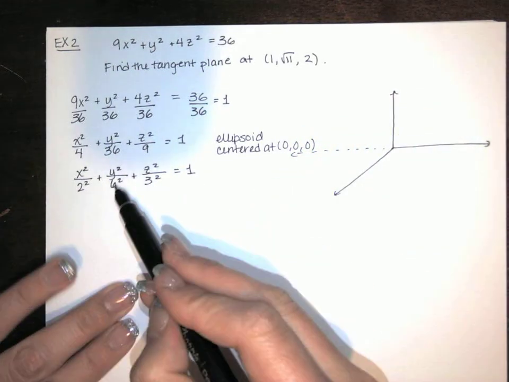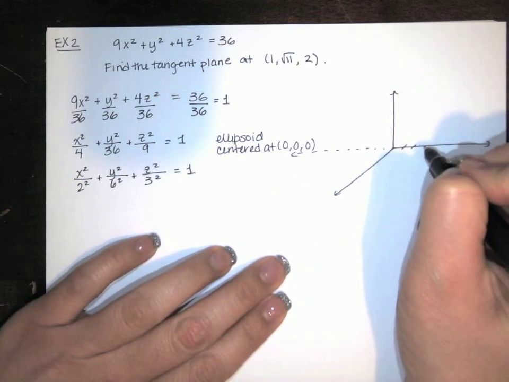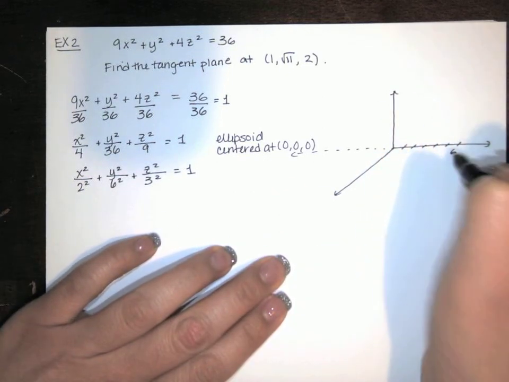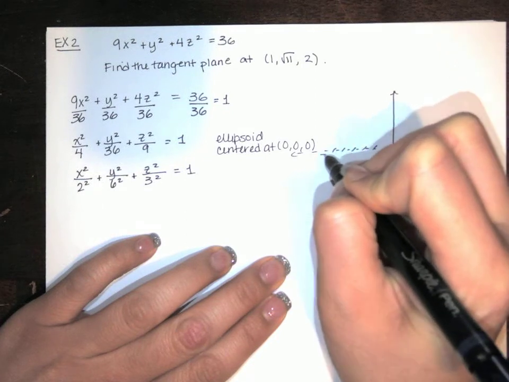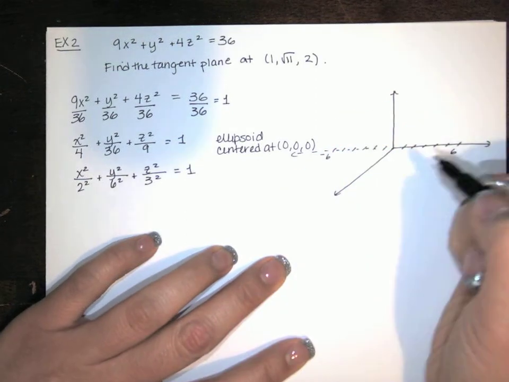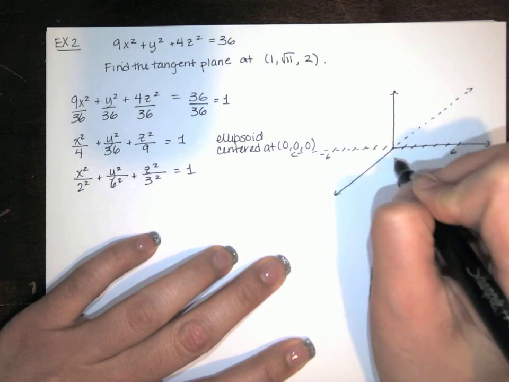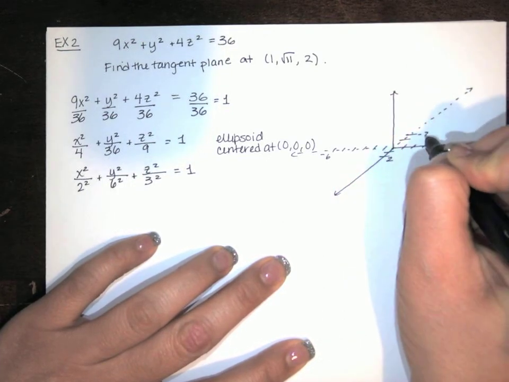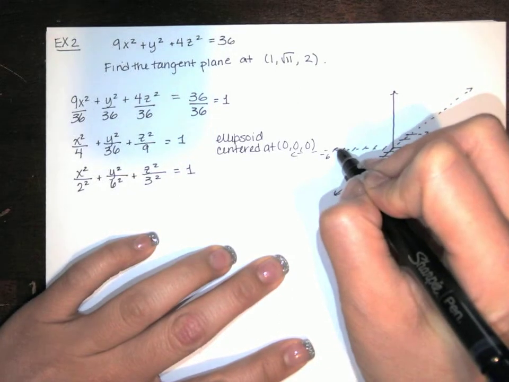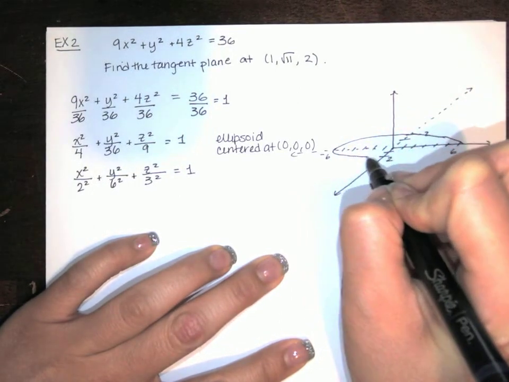Okay, well, it looks like we go plus and minus 6 units in the y direction, and we go plus and minus 2 units in the x direction. So when z equals 0, we get an ellipse that looks like this.